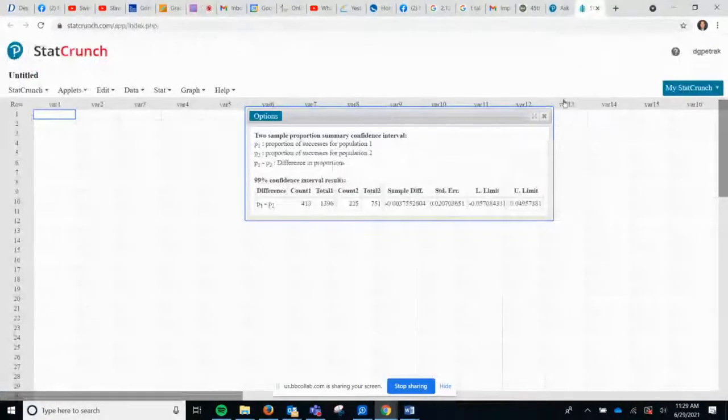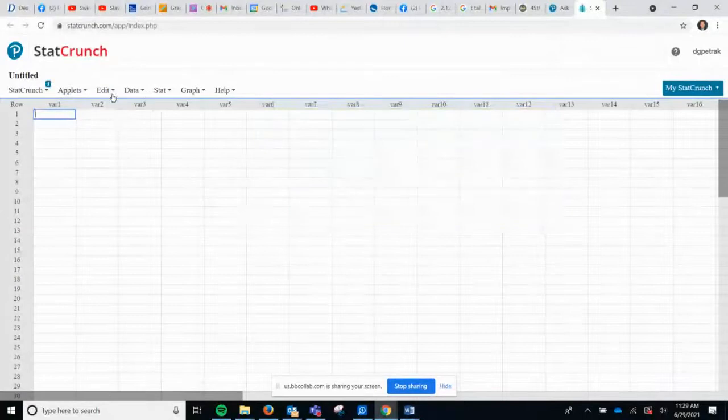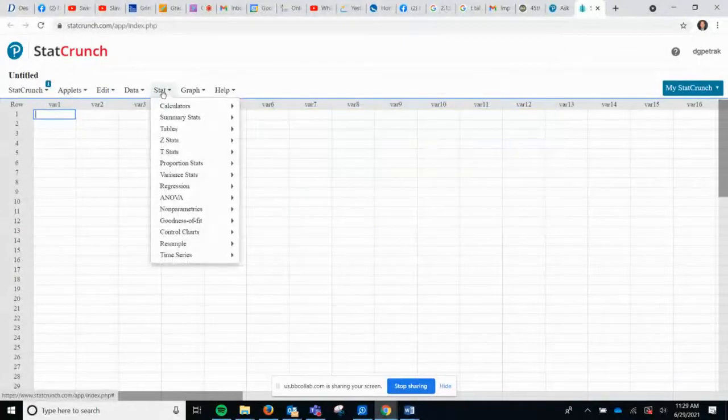Do you feel comfortable doing a confidence interval for one proportion with either StatCrunch or the formula, or would you like me to go through that? Yeah, I'll just show it on StatCrunch. So I won't do the exact one, but I'll just do one similar. Okay. Let's see here. Share screen. So let's say your sample proportion.